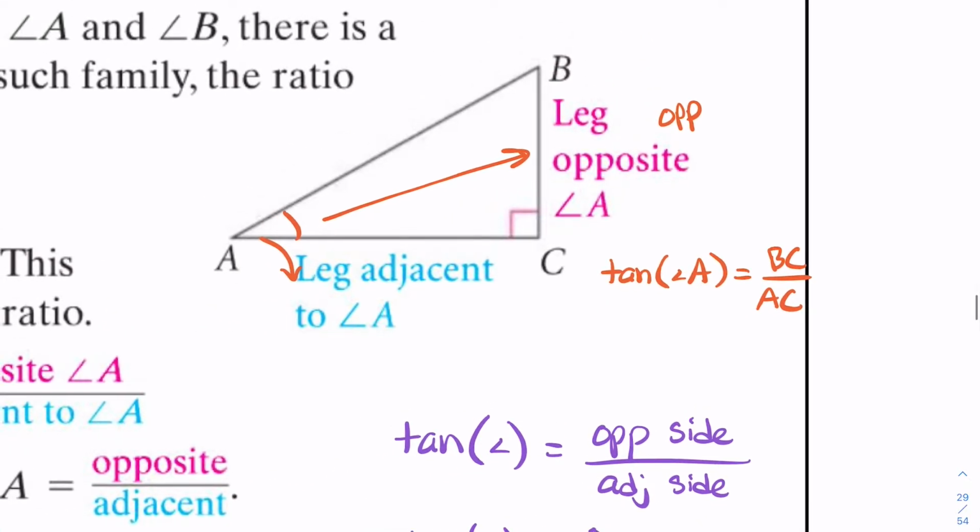Now notice there's always three sides to a triangle. There'll be an opposite side and an adjacent side based on an angle, but there'll also be a hypotenuse, which in this case is not used.